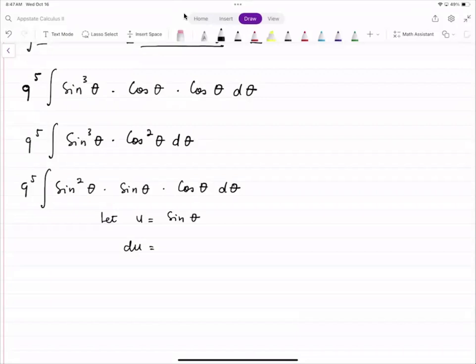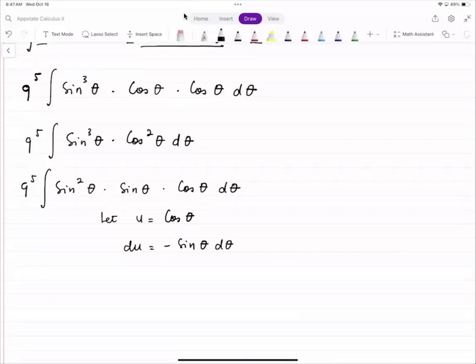Negative sine theta d theta. Good. No, let me use u to be cos theta. And so du will be negative sine theta d theta.